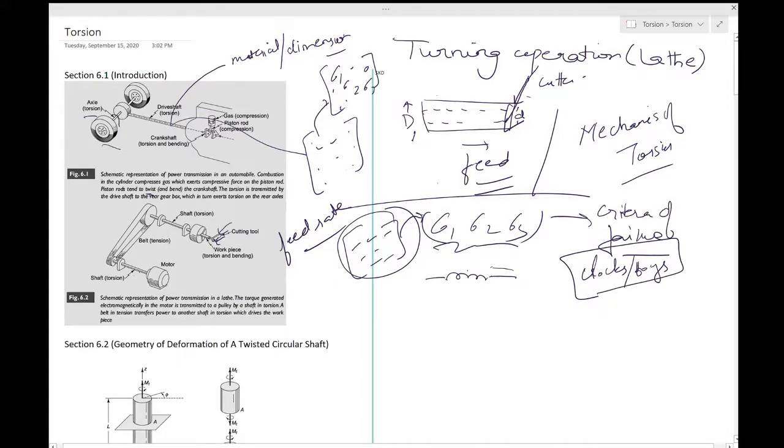So the idea was that you used to apply a twisting moment, and then you would get a desired angular twist of the shaft. That angular twist is the rotation which you would want it to cause. So it was the same thing as in a linear spring.